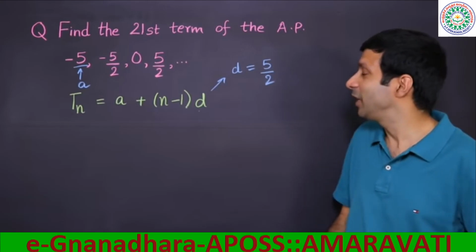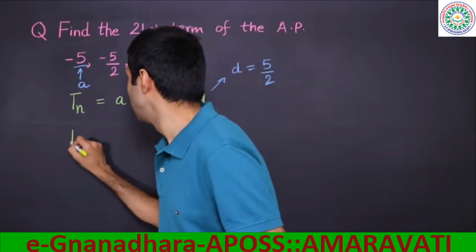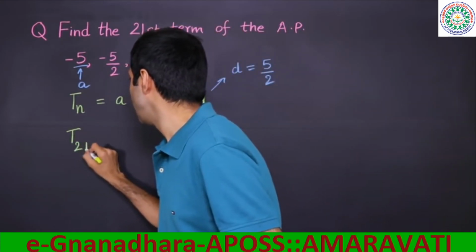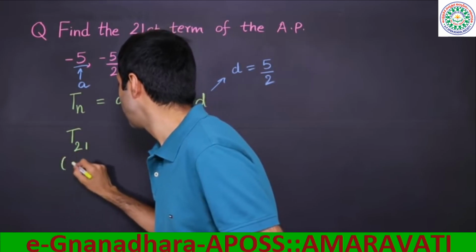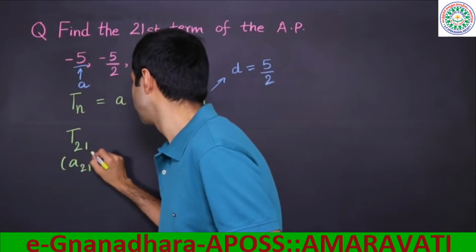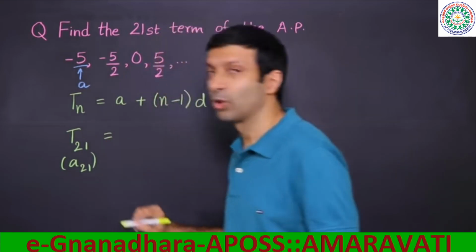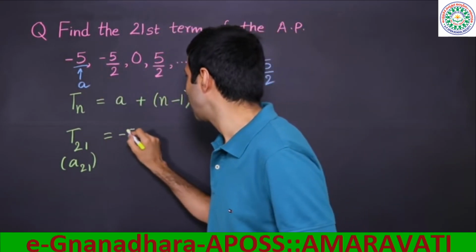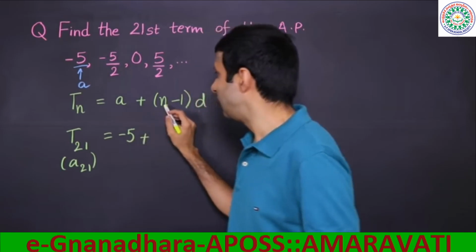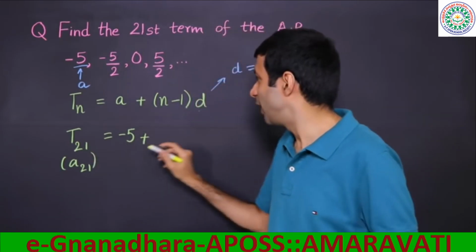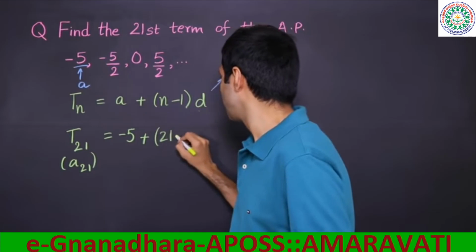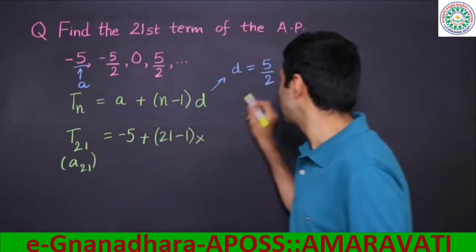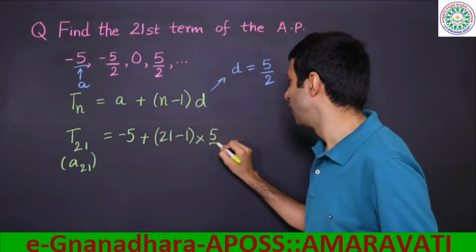Okay. And since we need to find the 21st term, we need to find T21, or you can also denote it by A21. So that's going to be A plus n minus 1 times D. We substitute the value minus 5 here, plus n, which is 21, minus 1, times the difference, 5 by 2.